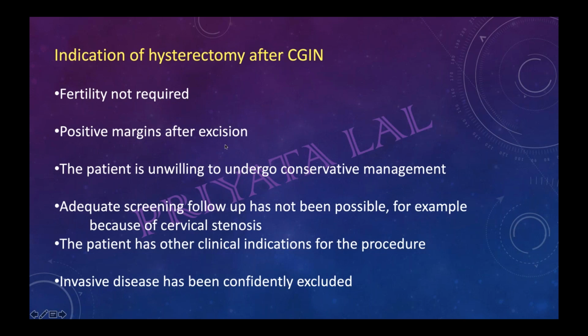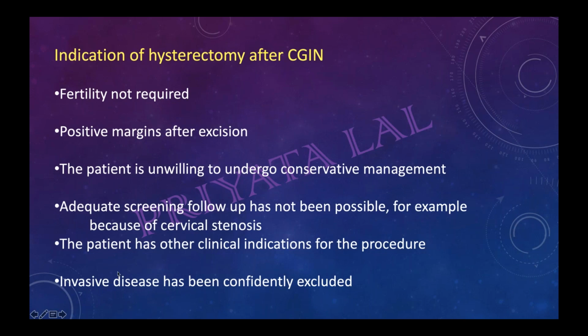If you have done a cone or cylindrical biopsy or any excision and the margins have come positive, in that situation also you can offer this patient hysterectomy as an option. If your patient does not want any excision or conservative treatment, it is an indication for hysterectomy. If she says no, I will not come for 10-year follow-up, in that situation also it is an indication for hysterectomy.